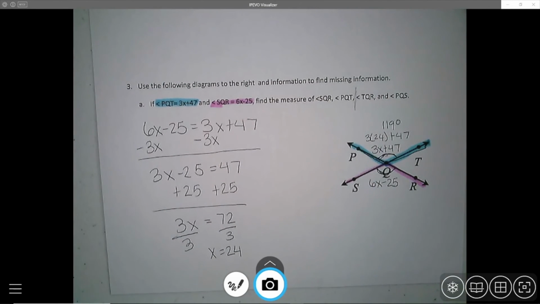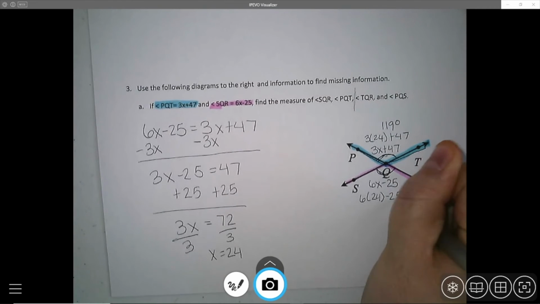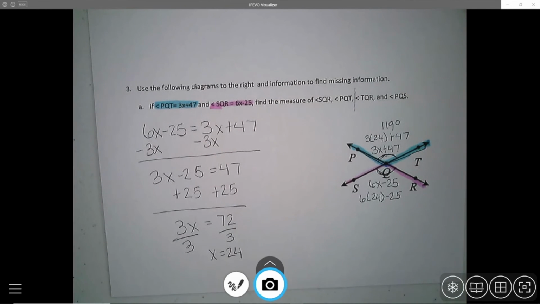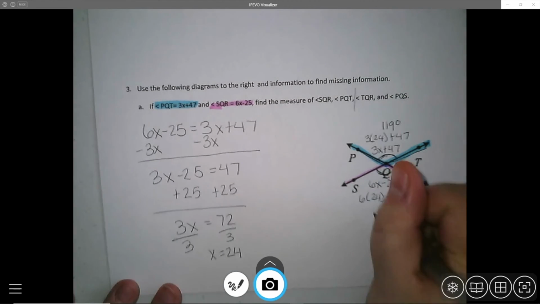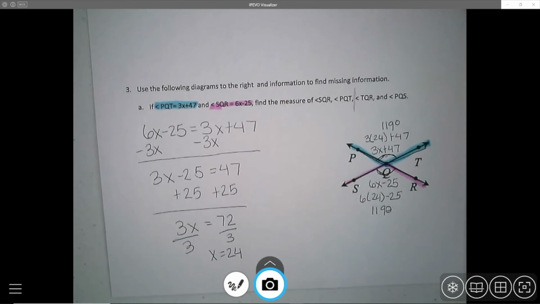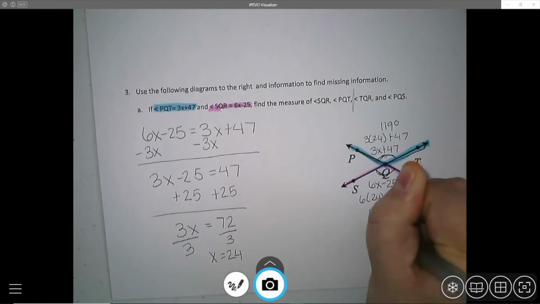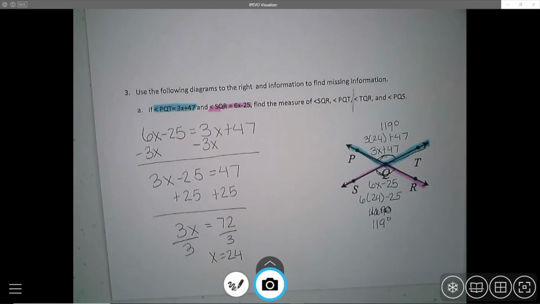So PQT is 119 degrees. SQR, that's going to be 6 times 24 minus 25. 6 times 24 is 144. Minus 25 is 119. Ooh, that's a really big O for degrees. So let me just cross that out. 119 degrees. There, that's better.